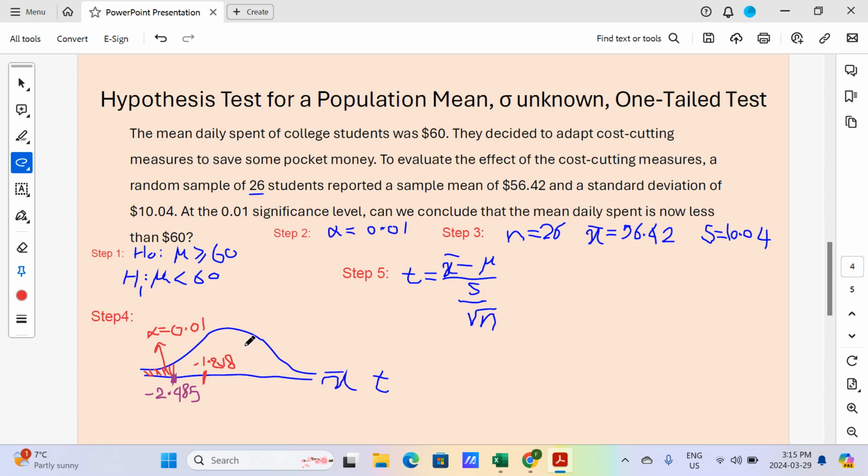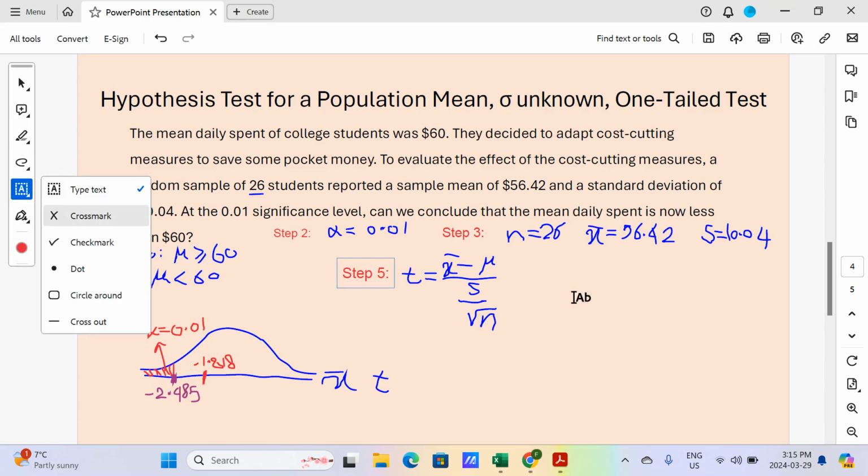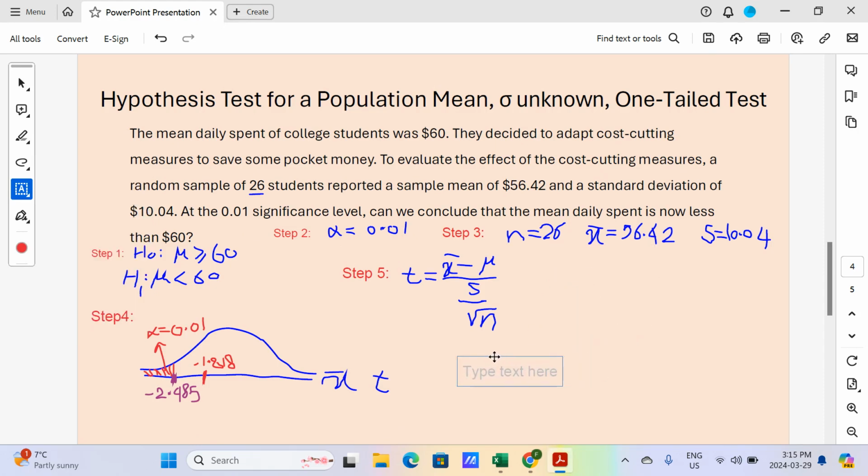So now step 6. In step 6, we conclude. Let me write that here. Step 6.